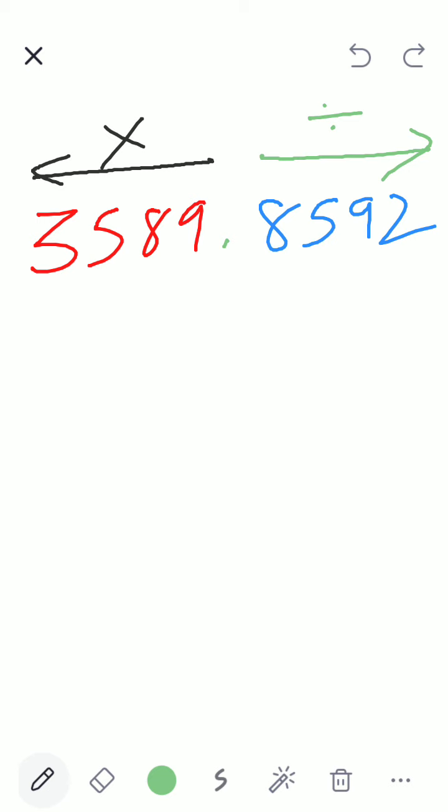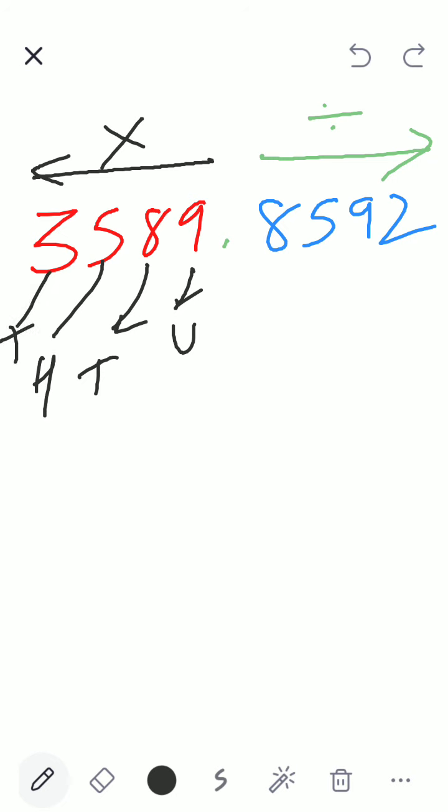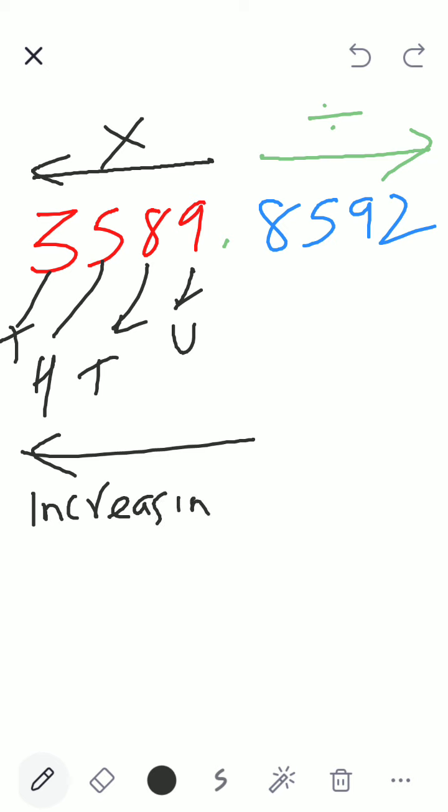That is why this is units place, this is tens place, correct? This is hundreds place, and this is thousands place. They are increasing from right to left, increasing, increasing, correct? The value is increasing.